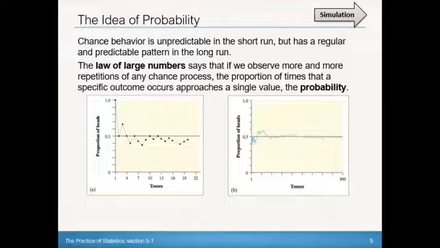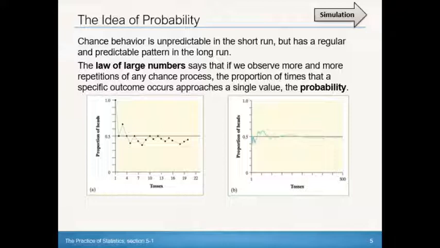And what this really is going to demonstrate is that in the short term, if I flip a coin, I might not get every other flip to be a heads or to be a tails. You can get runs of heads and runs of tails, but in the long run, you're going to get the proportions of your outcomes to be matching very closely to the theoretical probability.